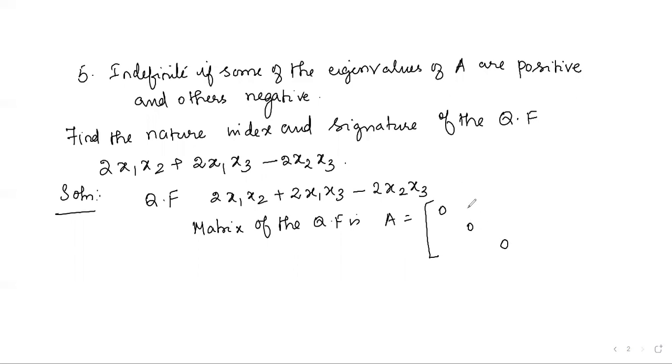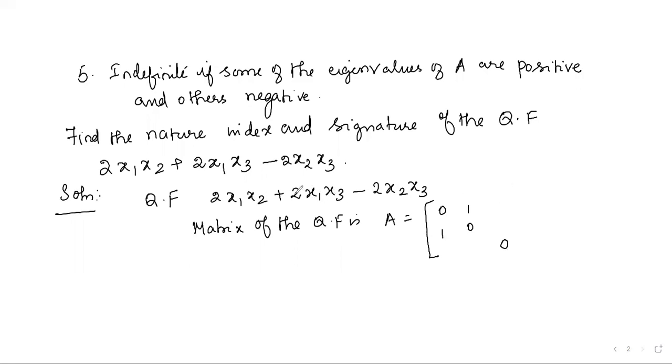Then here, 1 by 2 of the coefficient of x1x2 is therefore 1. That is a12, and it is the same as a21. And 1 by 2 of the coefficient of x1x3 is a13.